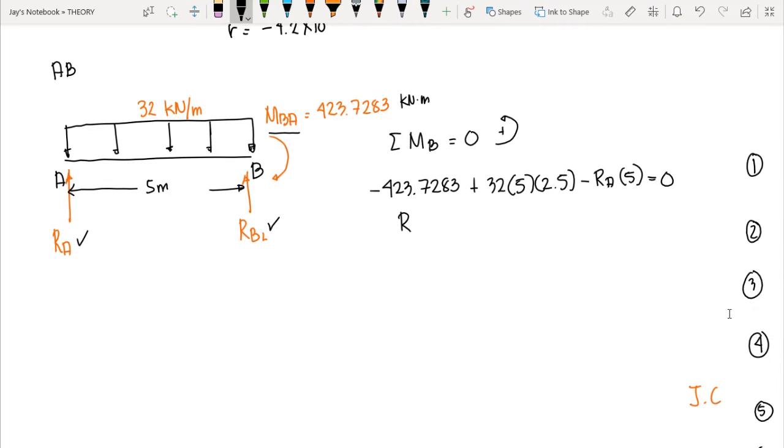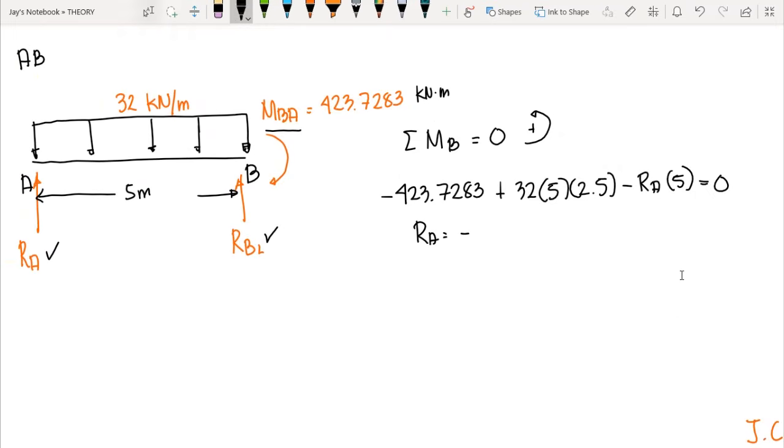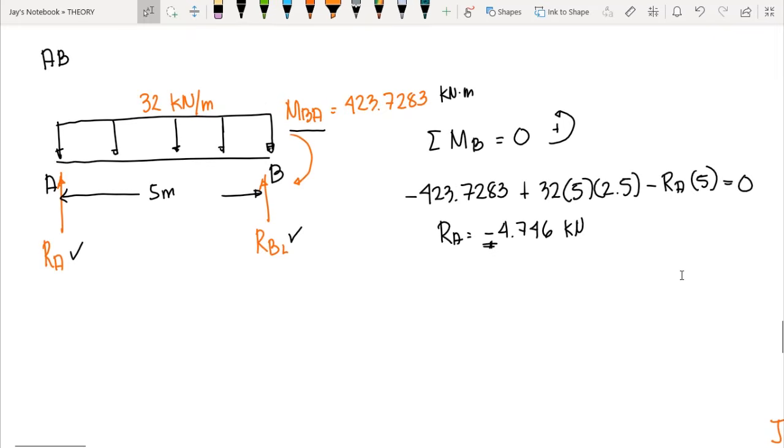And this equals to 0. So we have RA here, which is equal to negative 4.746 kilonewton. This negative sign implies that we have an incorrect assumption. That means our RA should be going downward. So RA is acting downward. To compute for RBL, we can just sum up vertical forces equal to 0.